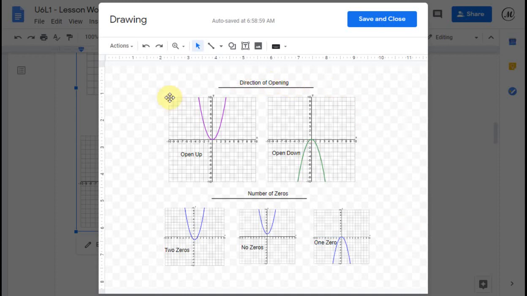So those are some key overall features of parabolas that we can group them in terms of what we would identify about a parabola to identify what's unique about it.